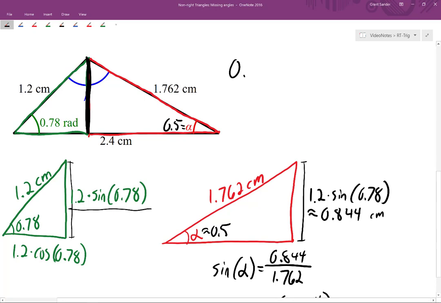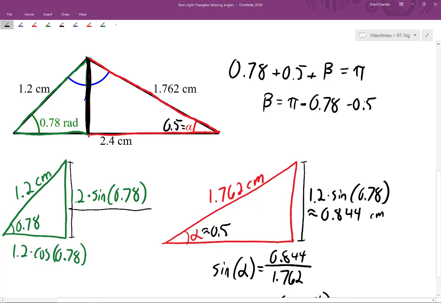And therefore, 0.78 plus 0.5 plus beta, which is our other angle measure, is equal to pi. And so this missing angle measure is equal to pi minus 0.78 minus 0.5. If we compute that value, we get about 1.86. And therefore, beta, this angle measure up here, is approximately 1.86 radians.